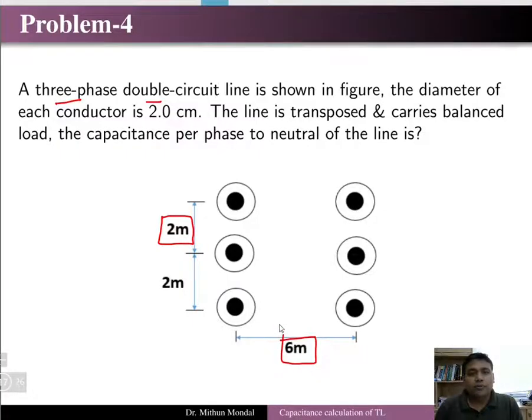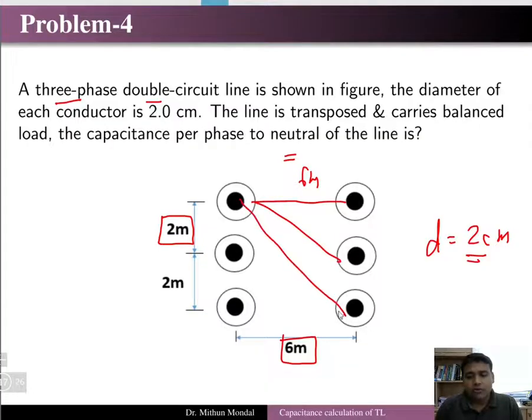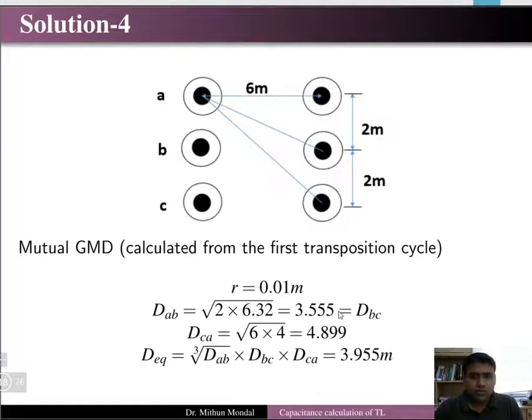So if the diameter of the conductor is 2 centimeter, you have to obtain the capacitance with respect to neutral of the line. So basically we have to calculate, this distance is given as 6 meter. So these distances are not given to you, which you have to obtain from Pythagoras theorem. So obtain the distance and then find out what is the GMD of the line.